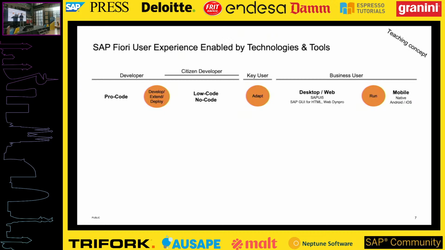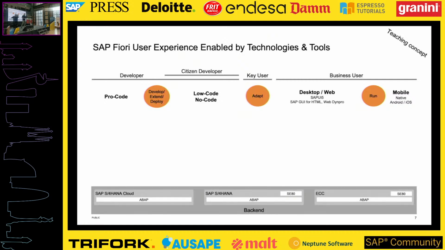And the business user would either work in web, for example, Fiori web applications built with SAP UI5, or mobile, typically with native mobile experiences with iOS and Android. And then they typically have a backend with the business data. Here is only on-prem, but there's of course more backends on BTP and so on. So this is just to give you a frame of where we are.